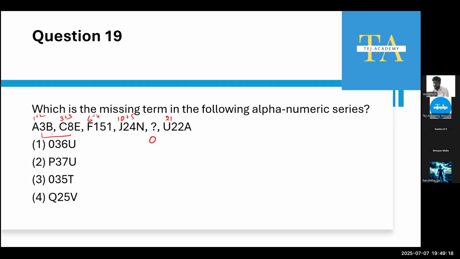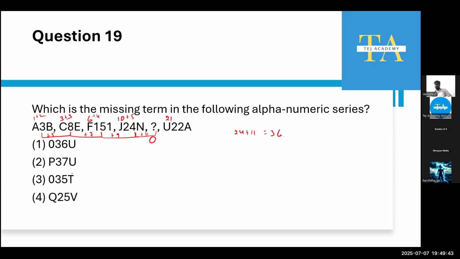So 3, 8. If you add +5, we get the next number. Then 8 plus 7 gives 15. Then 15 to 24, so how much should I add? +9. And for the next number, how much should I add? 11. So 24 plus 11 is equal to 36.